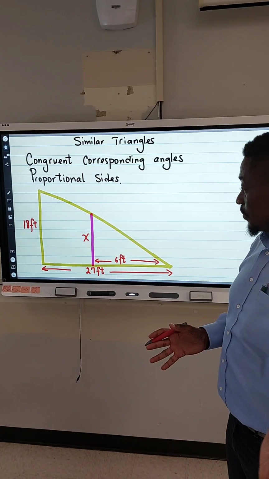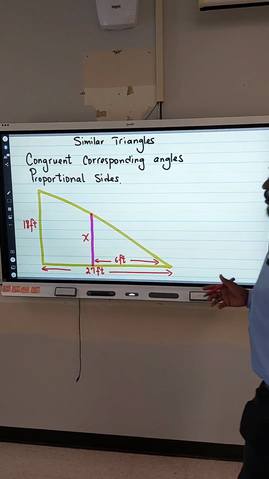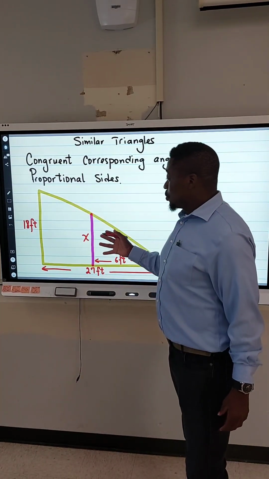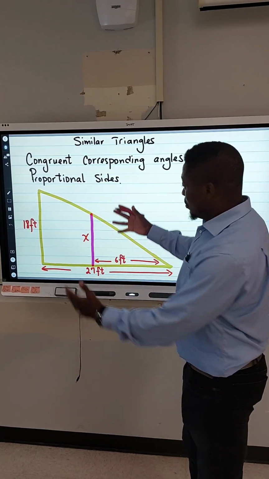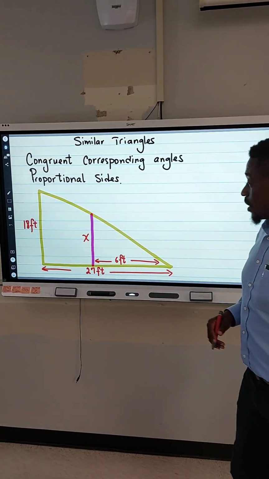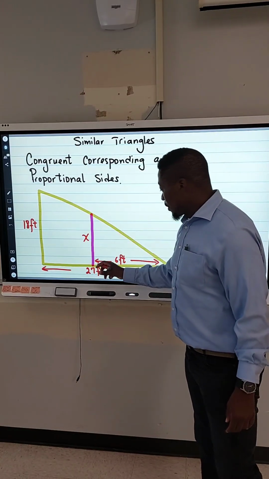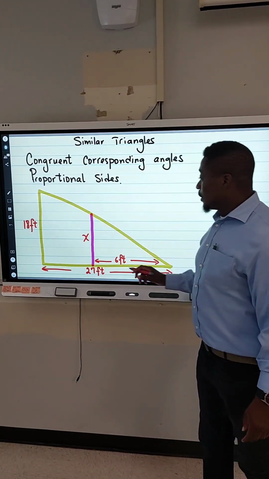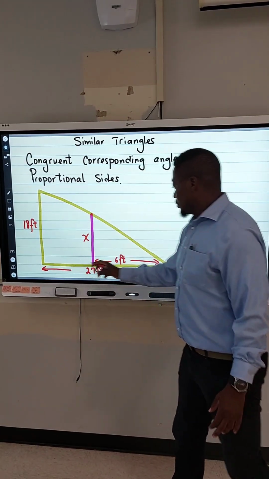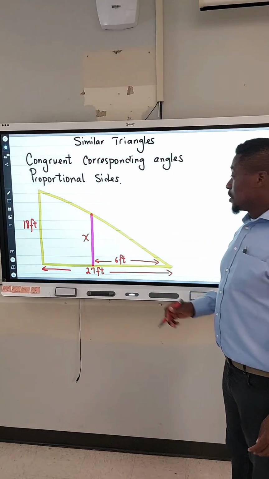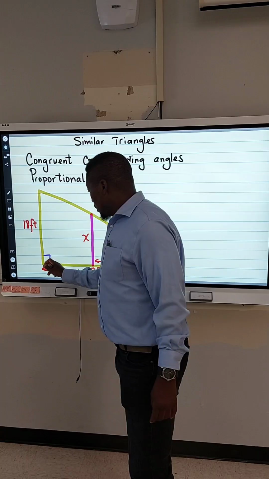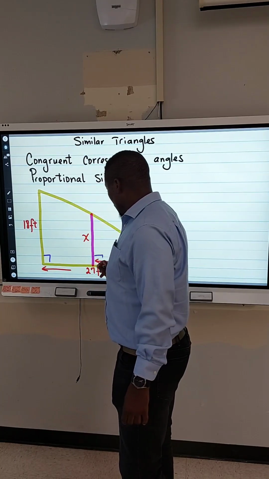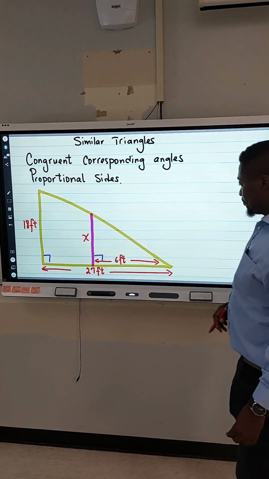Sometimes it is difficult to see that there are two similar triangles in this whole figure that looks like one triangle. So there's a triangle right here, and then there is a bigger triangle right there. So we have two similar triangles in there, and we also have the corresponding angles that will be congruent.